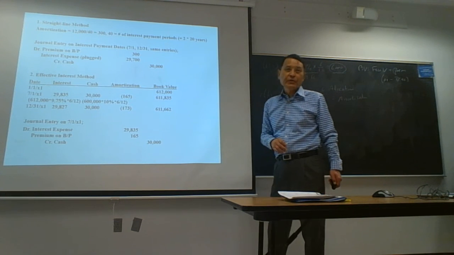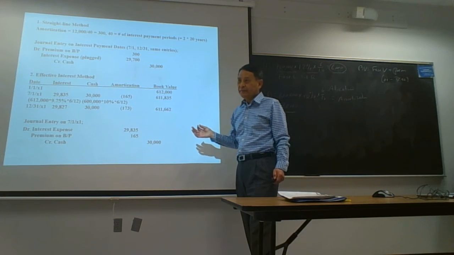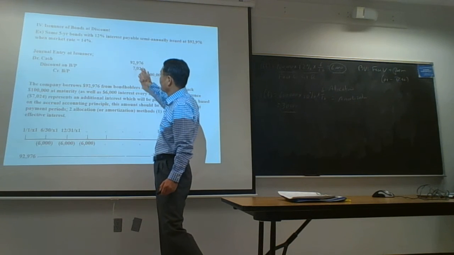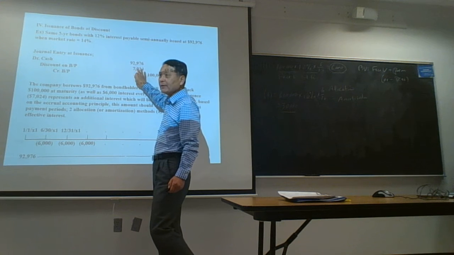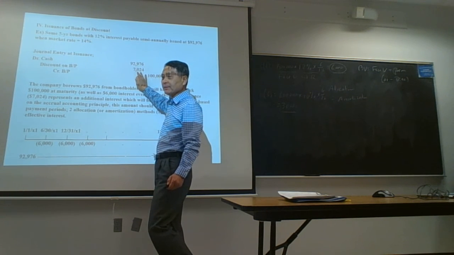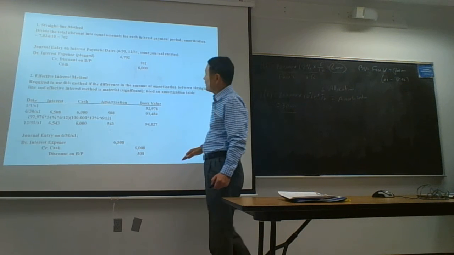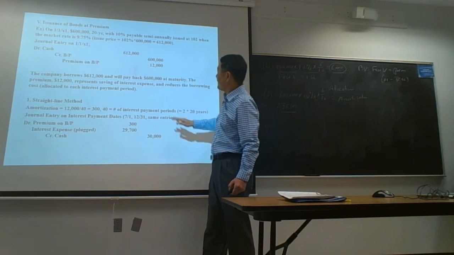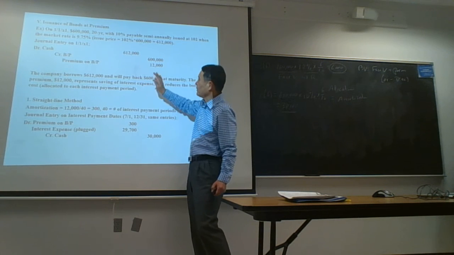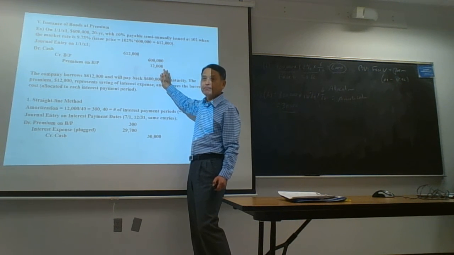So this premium issue is just opposite. Discount is recorded as a contra account on debit, but premium is recorded on credit as an adjunct account. Discount on debit, premium on credit.